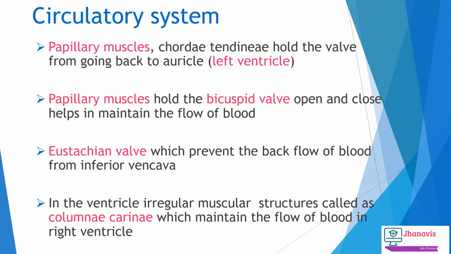In the same way, in the right ventricle you have muscles called columnae carneae which, when they contract, the tricuspid valve opens, and when they relax it closes, helping the flow of blood from the right auricle to the right ventricle. So these valves, mainly the tricuspid valve and bicuspid valve, play a very important role in maintaining the blood flow in the human being or in the circulatory system.